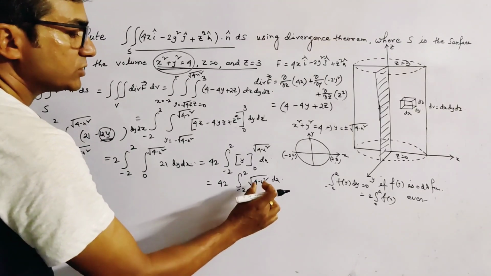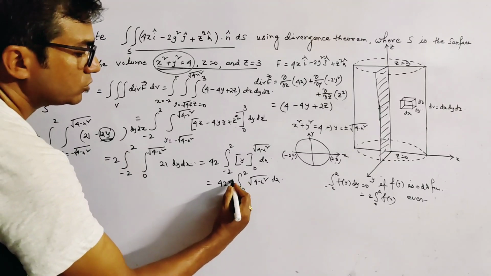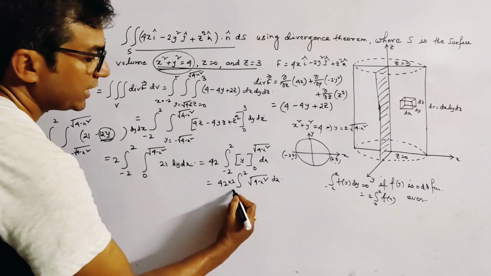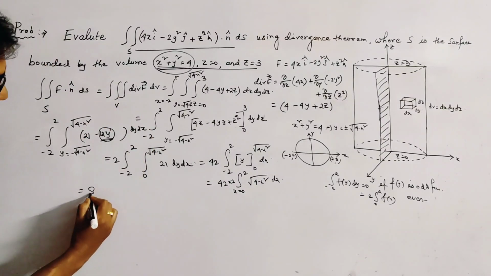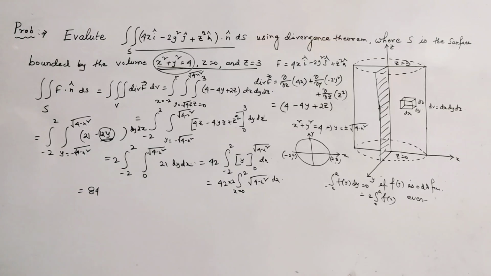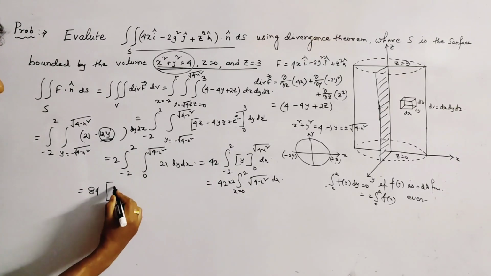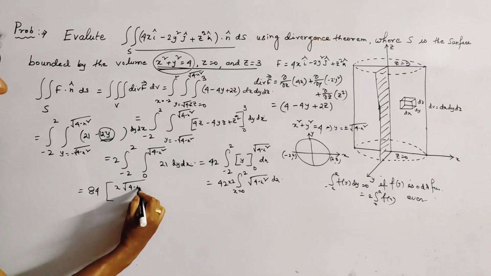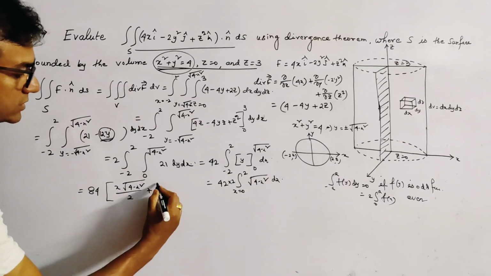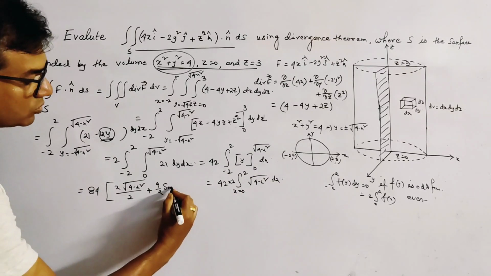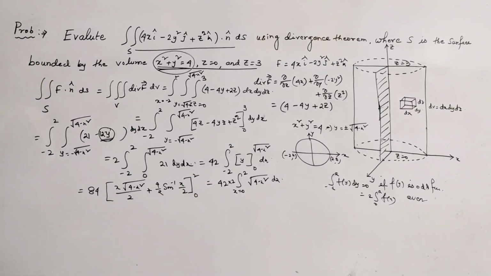Clearly this function is also an even function, so we get 42 into 2, with range x equal to 0 to 2. And we get 84 into the integration, which is x into root of 4 minus x² by 2 plus a² by 2, this is 4 by 2, into sine inverse x by 2, with range 0 to 2.